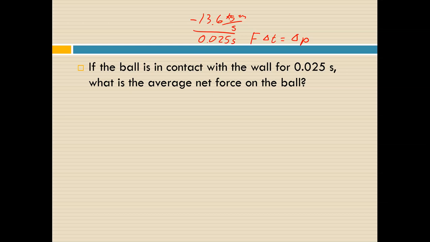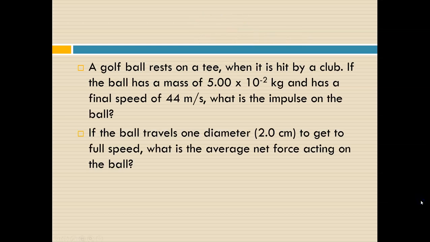Okay. I got a couple of interesting questions for you, and then we'll wrap it up. A golf ball is resting on a tee when it's hit by a club. If the ball has a mass of 0.05 kilograms and has a final speed of 44 meters per second, what is the impulse on the ball? Okay?